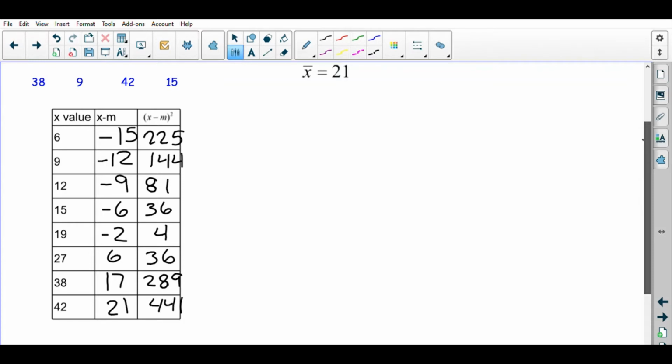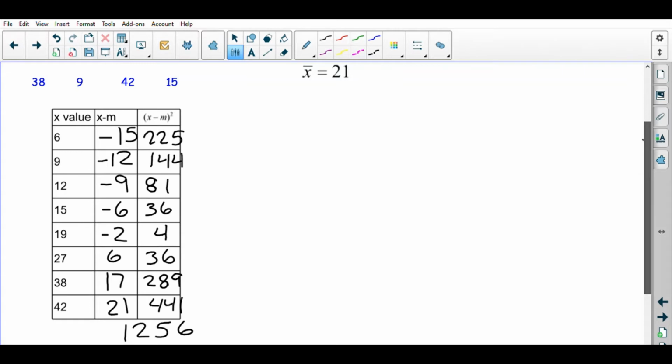Now I need to add up all of those values. When I add up 225, 144, 81, 36, 4, 36, 289, and 441, I get 1,256.